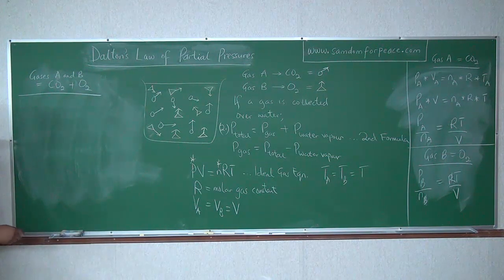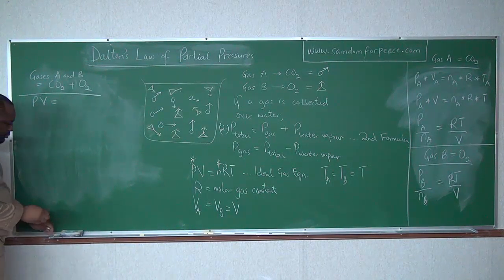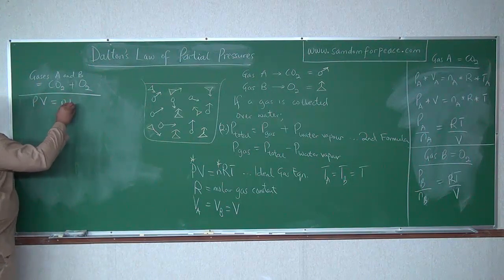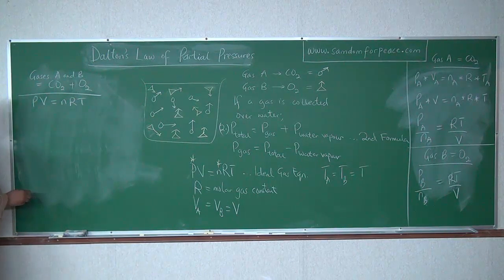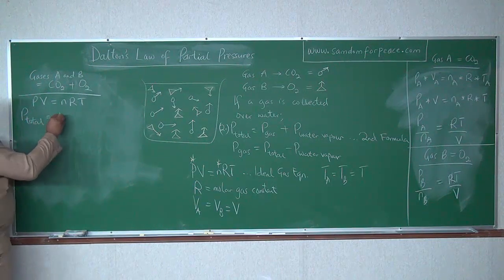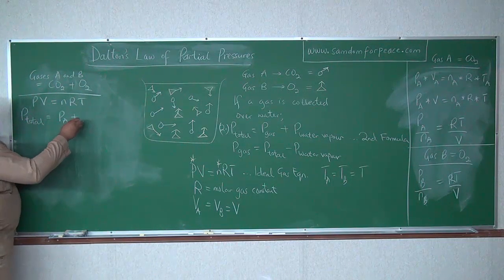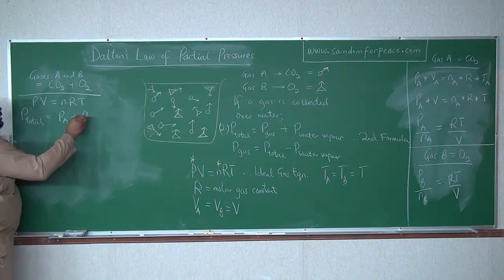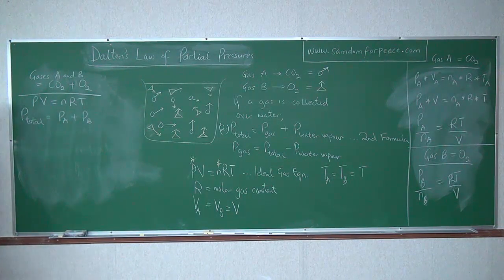We now have that PV is equal to nRT, that is the ideal gas equation. And of course our P total is the partial pressure of the carbon dioxide plus the partial pressure of the oxygen gas.